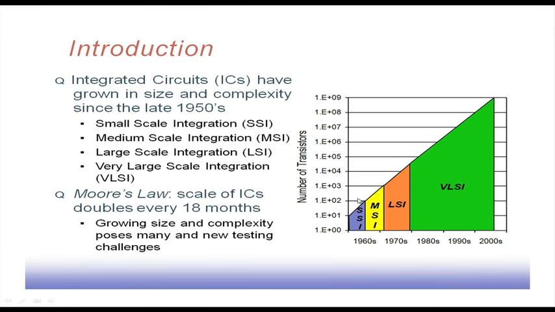There we have 100 to 1000 transistors per chip. Then came LSI, large scale integration, having 1000 to say 10,000 or slightly more transistors. And after that, when we incorporated more transistors onto a chip, that brought the era of VLSI.